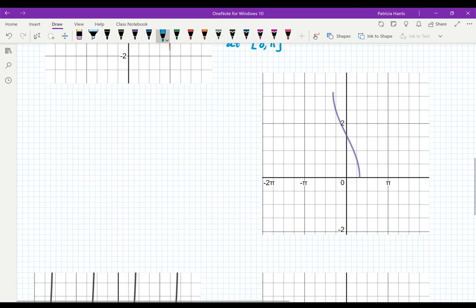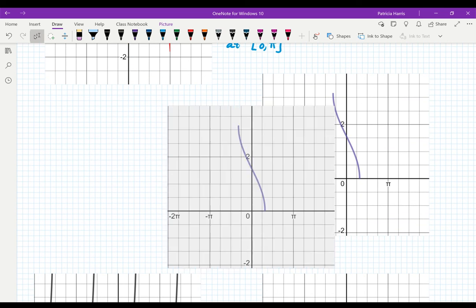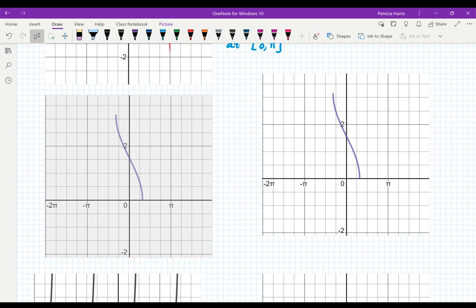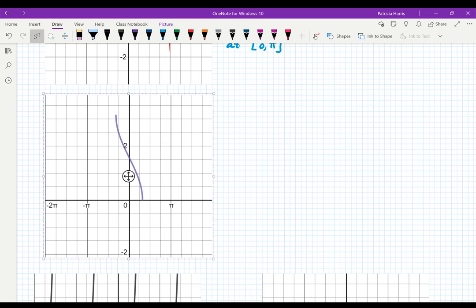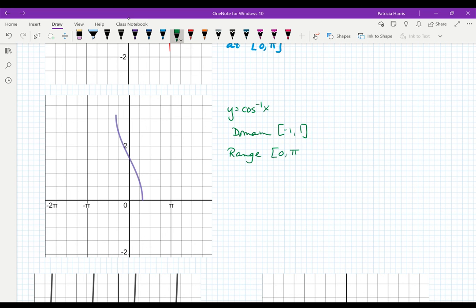So again, finding our inverse and graphing. Okay, so now the domain of the inverse is negative 1 to positive 1, and the range of the inverse is 0 to pi. Again, cosine inverse of a ratio will give you an angle.